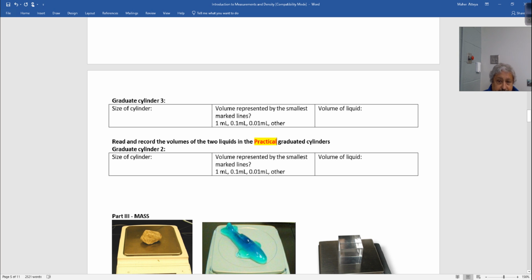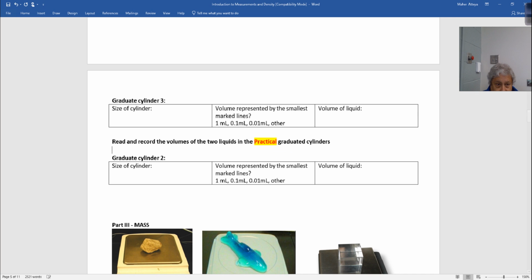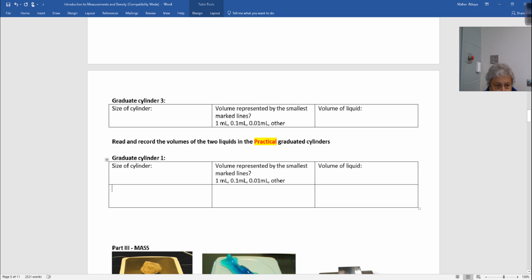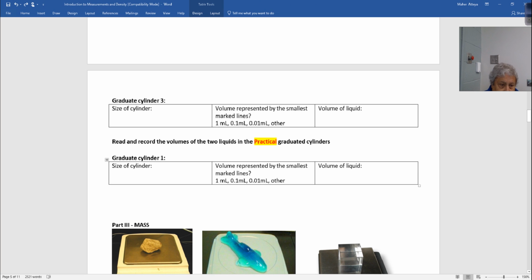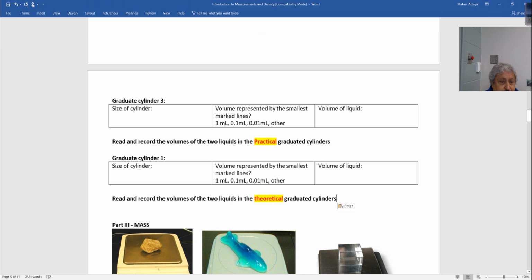So that will be number 1, and we'll add to it. Okay, guys, here it is. And number 2. Let me just paste this one here.